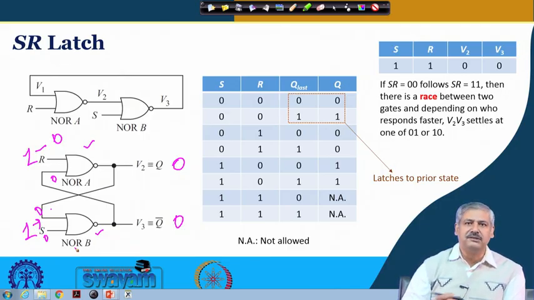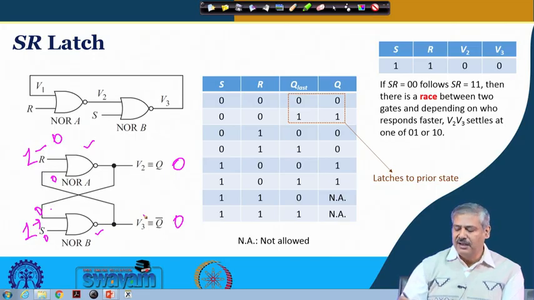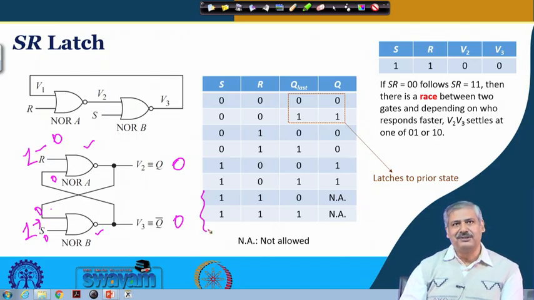So that will respond slower, and as a designer we cannot say which one is going to acquire the 1 value before the other. That becomes unpredictable, a race between these two about who wins, and that is something we would like to avoid in an SR latch application. So, that is why this 1 1 is called not allowed. Clear?